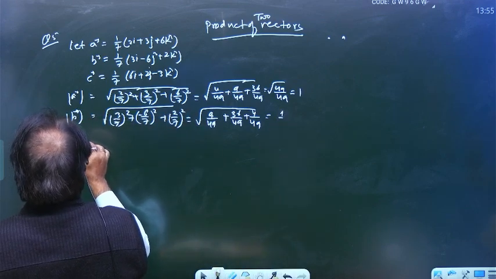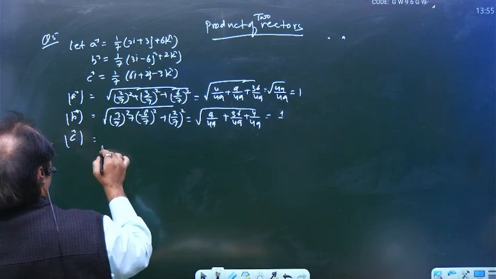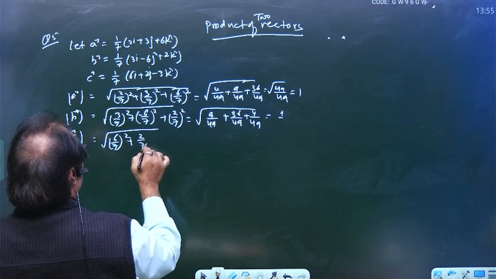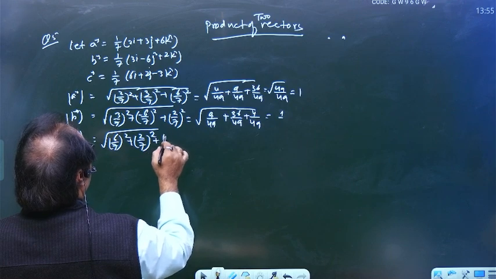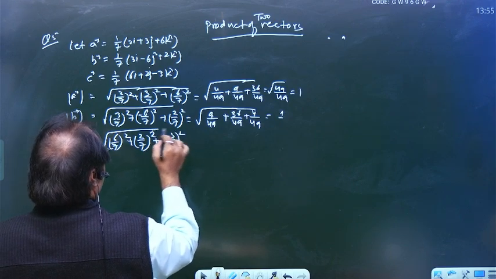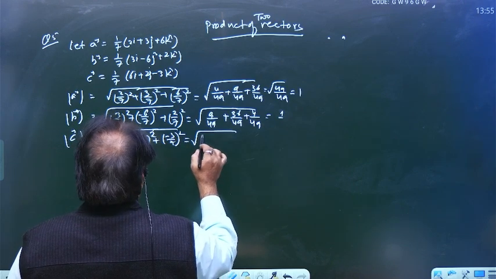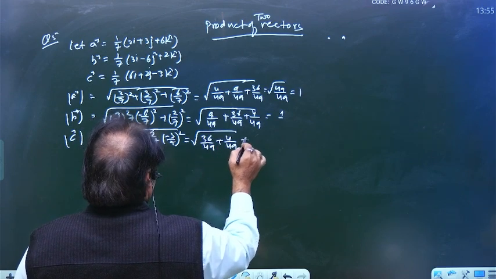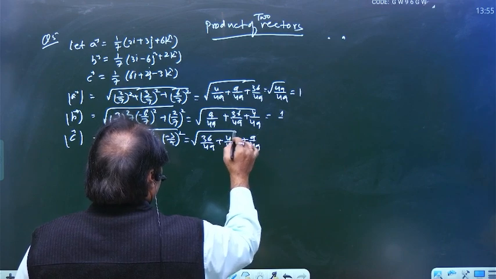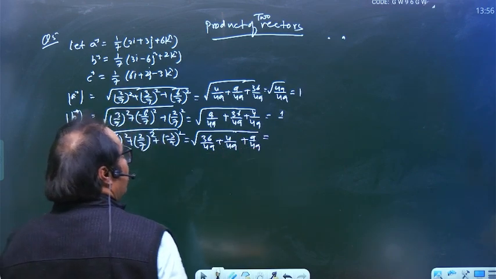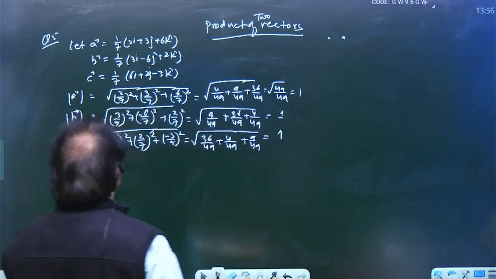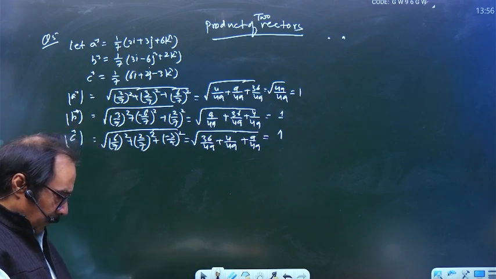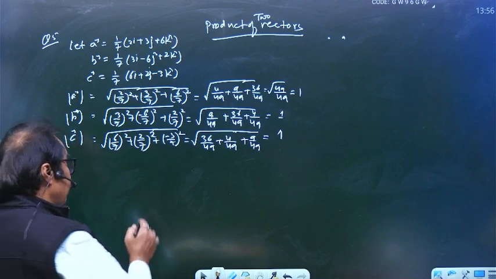And then magnitude of C is root over (6 by 7) square and (2 by 7) square and minus 3 by 7 square. So this is equal to again 36 by 49 plus 4 by 49 plus 9 by 49, and again it is coming 49 by 49, so that is 1. So in all three cases the magnitudes of A, B, C are equal to 1. So therefore each vector is a unit vector.